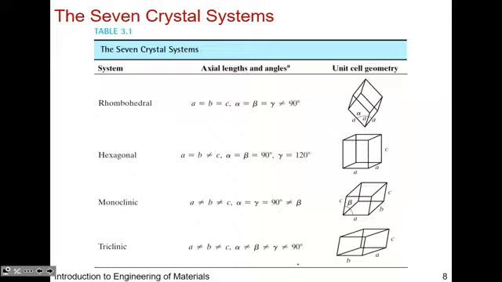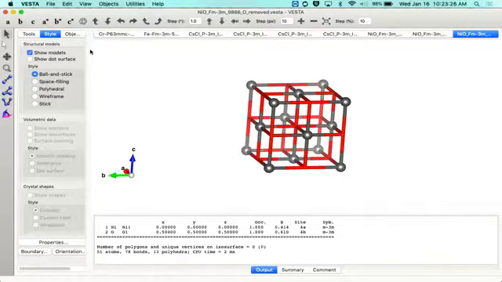Now A is equal to B, and this was brought up in the discussion forum: how do you describe a unit cell for hexagonal? Here, I just want to switch over very quickly just to show the difference.